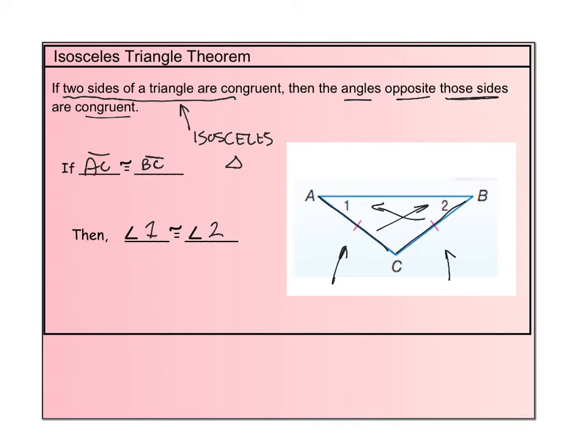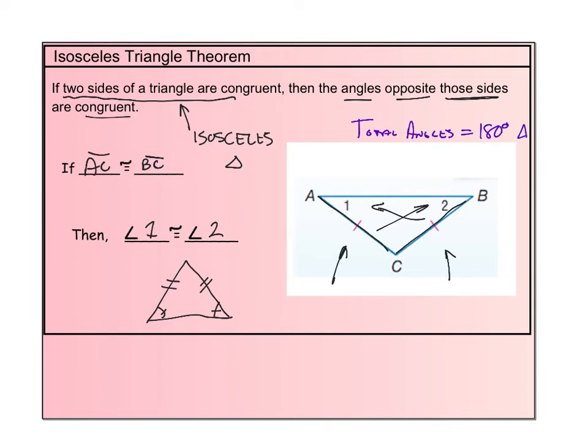Looking at it a different way, if I had it set up this way, where these two were congruent, then I would say that these two angles would be congruent to each other. And that's a big piece. One other detail that I want you to remember, because it will come up, is that the total of my angles has to equal 180 degrees.